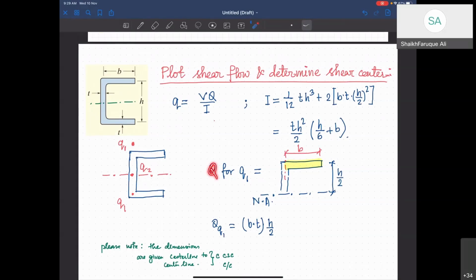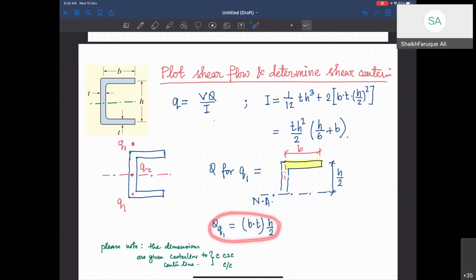Okay. I have to find q1. Now, q1 is V Q by I b, so I have to find Q for q1. Q for q1 is going to be the moment of this area with respect to the centroidal line. So what is this going to be? The area here is b into t, and the moment arm is going to be h by 2.